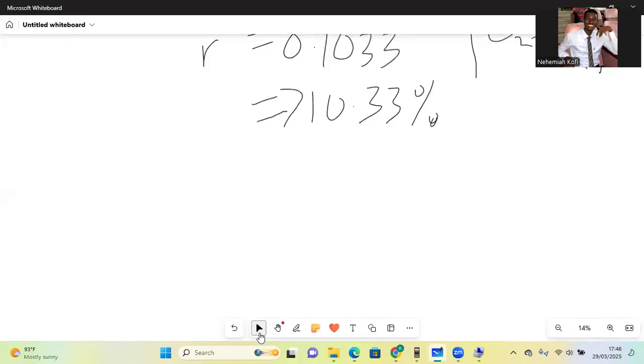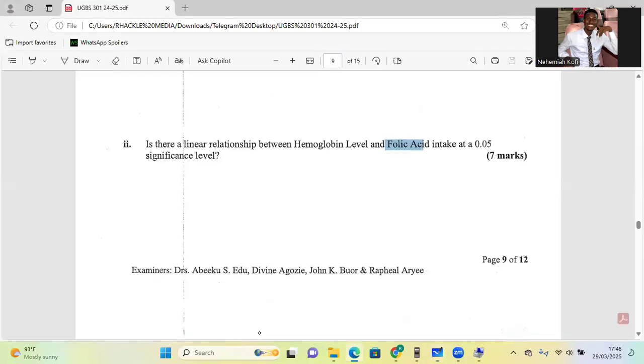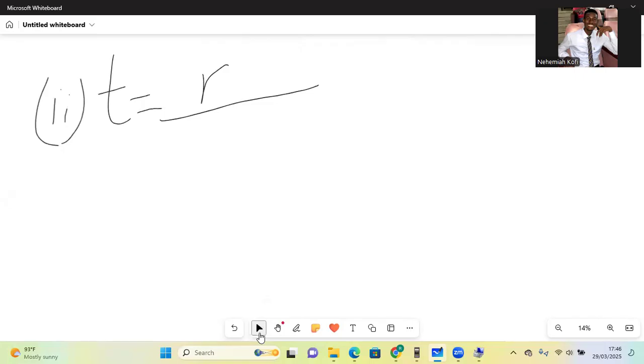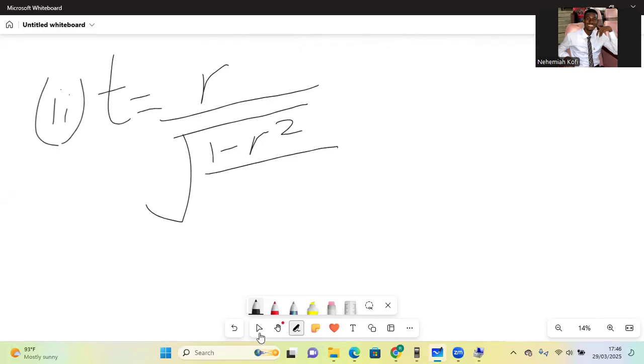It also uses the t-test statistic. Now, T is going to be equal to R, the correlation coefficient that we solved up there, all over the root of 1 minus R squared all over N minus 2.